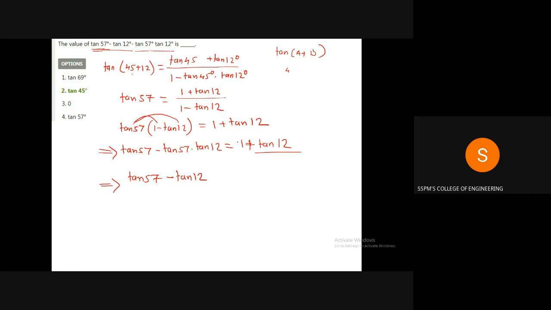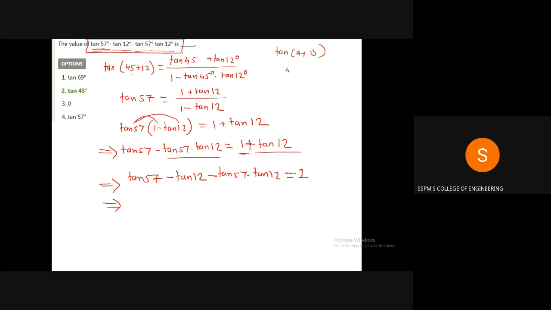So tan 57 minus tan 12 minus tan 57 into tan 12 is equal to 1, which remains on the right hand side.